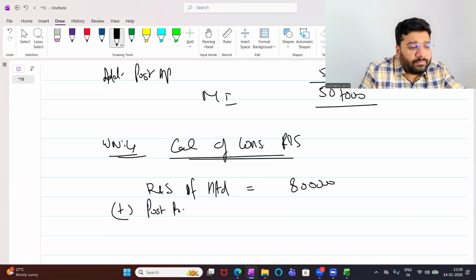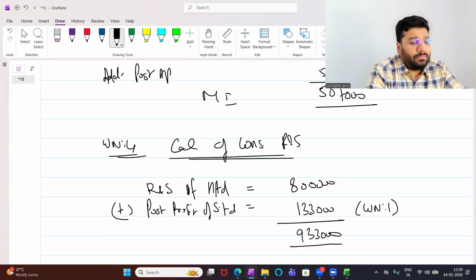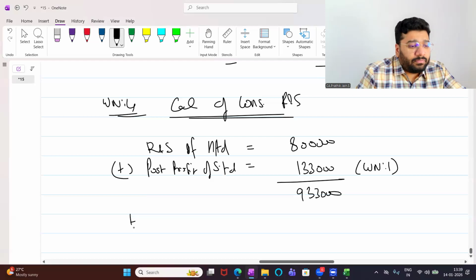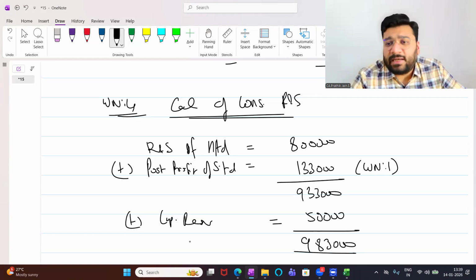Post profit of S Limited, how much is it? 1,33,000. Give reference to working note number 1 here. Total how much? 9,33,000. Add capital reserve. How much is it? 50,000. 9,83,000 is the total reserve and surplus that goes to the balance sheet.